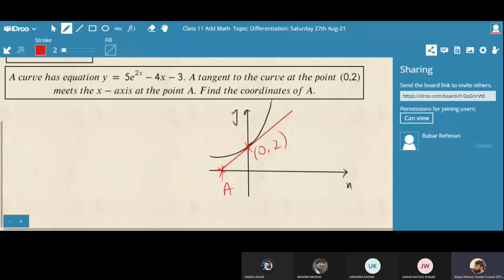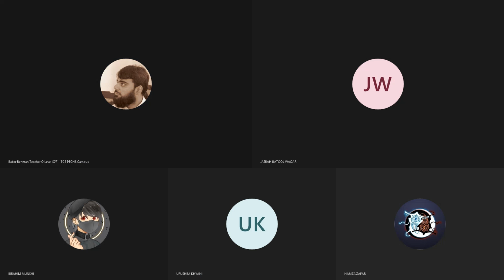We are going to find the equation of the tangent. Do you remember what the equation of the tangent is? Can anybody tell me? Hurry up. I'm writing. Student, over here the math pad is not coming, so let me share the screen again. Wait, just wait.